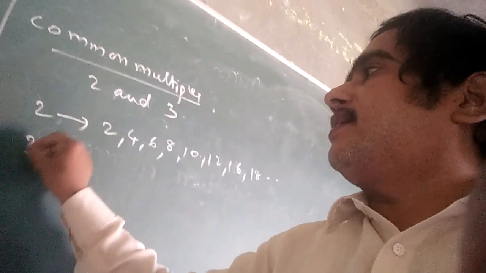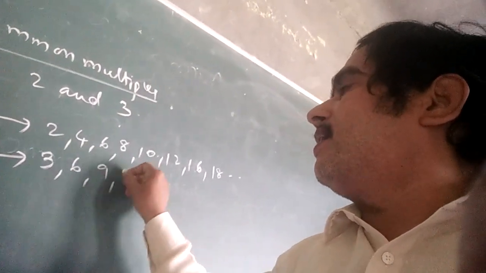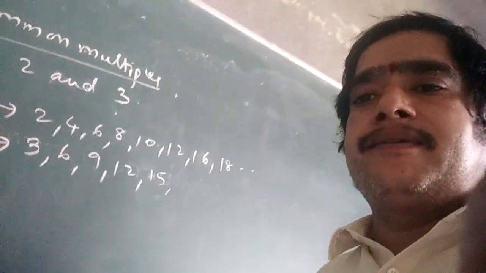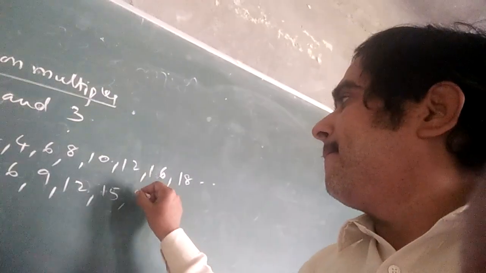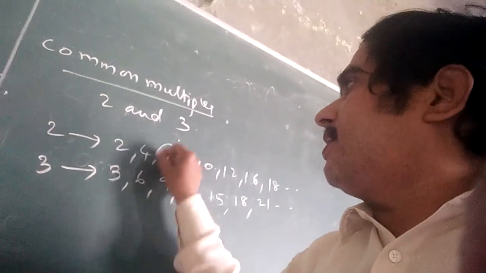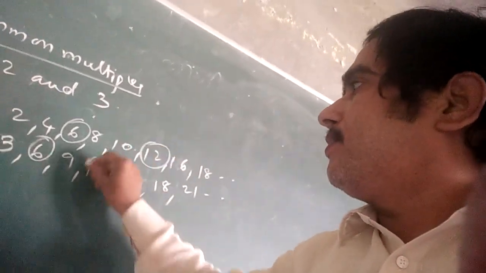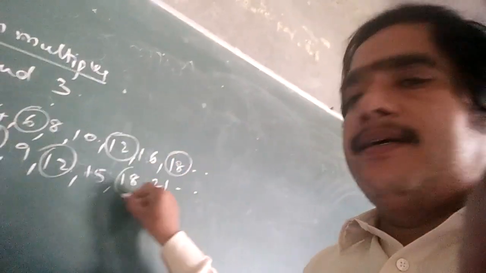Then for 3: 3, 6, 9, 12, 15, 18, 21. Now, common multiples: see here 6, 12, and 18.